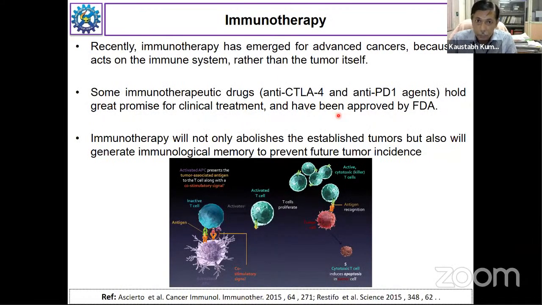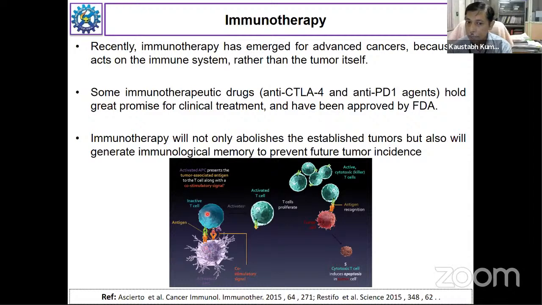Apart from conventional cancer therapy, immunotherapy is where we can activate our immune system. So how do we do that? If we activate our immune system, it can generate activated immune cells.